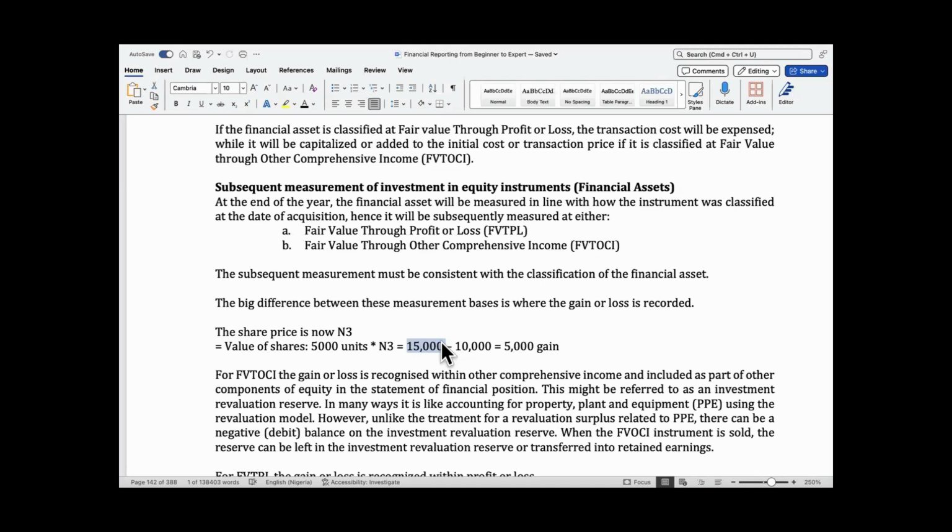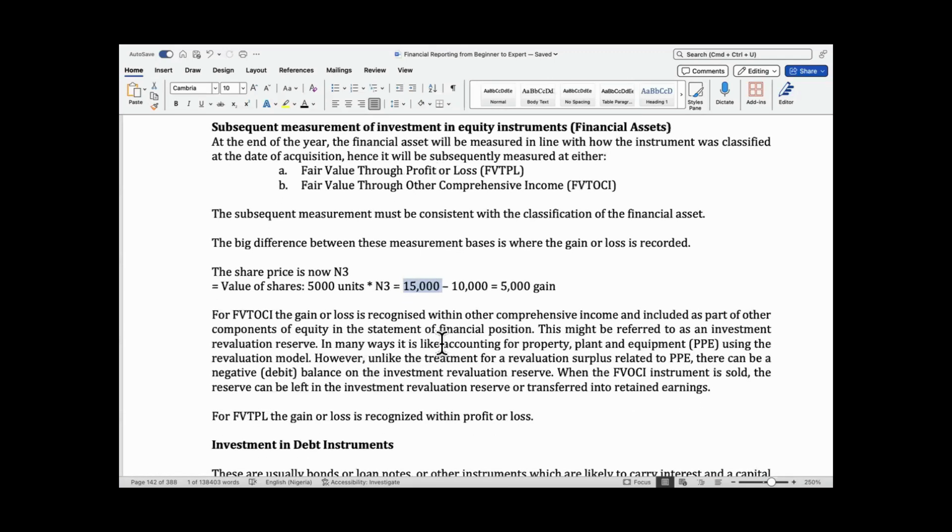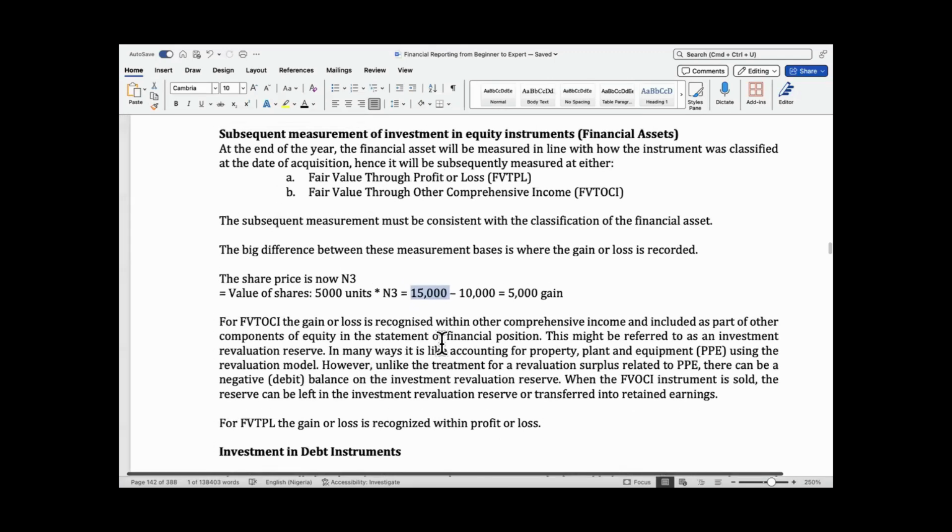But they will be capitalized if the financial asset is classified at fair value through OCI. So please, you need to be speaking with reference to the new things you have learned.